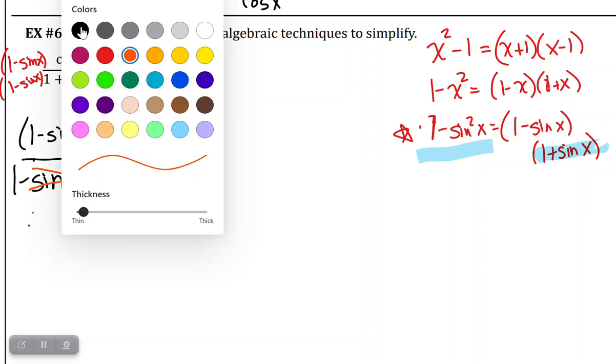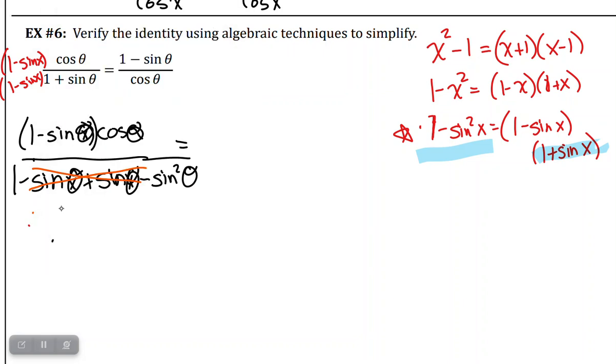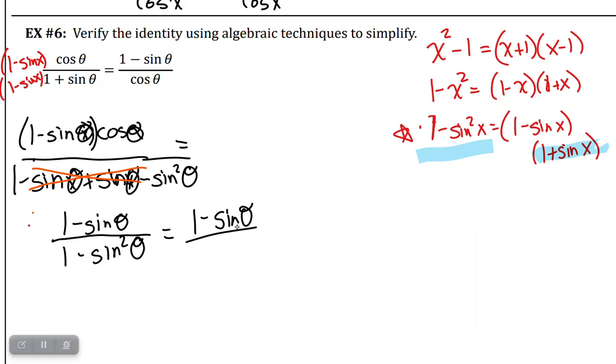And what we are left with is 1 minus sine of theta in the numerator over 1 minus sine squared theta. And that equals 1 minus sine theta over cosine theta. Sorry guys, I forgot the cosine over here. I dropped down the cosine. Now what you notice is that the numerators are almost there, right? They both have a 1 minus sine theta, so we're getting on the right track.